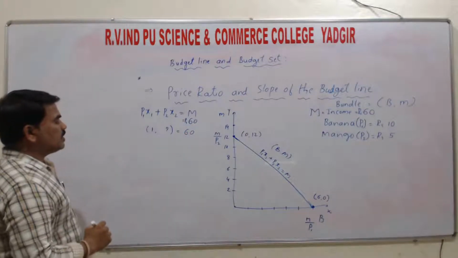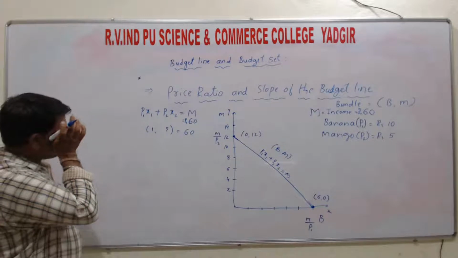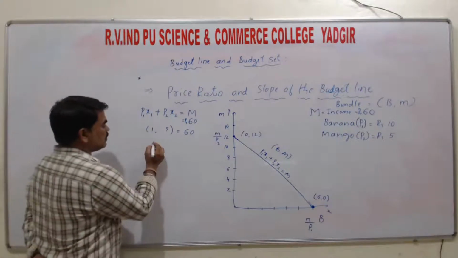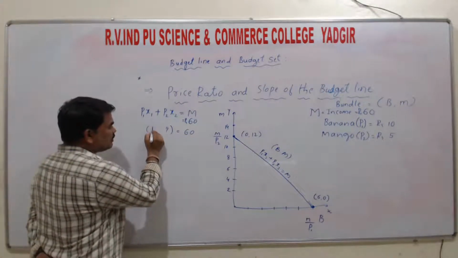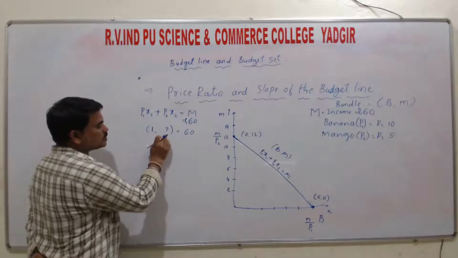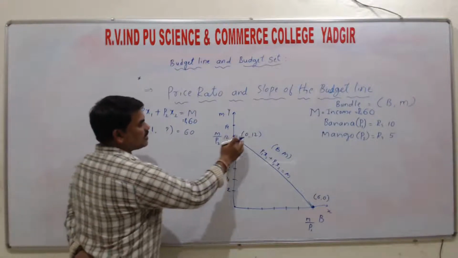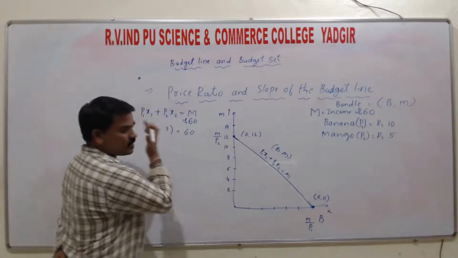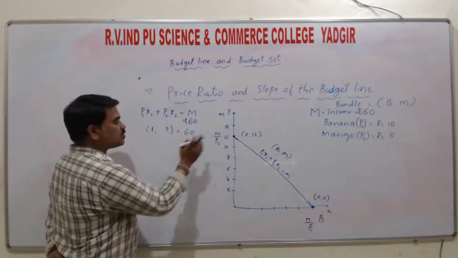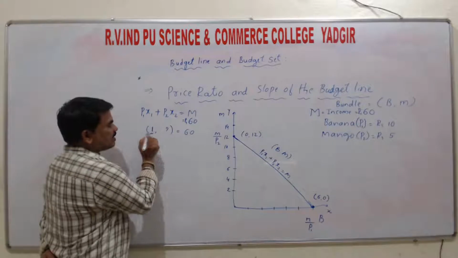Now, how will we find that out? To buy one banana, what will he have to do? He is spending his entire money on mangoes, right? So from that he has to reduce the price of the banana, correct?